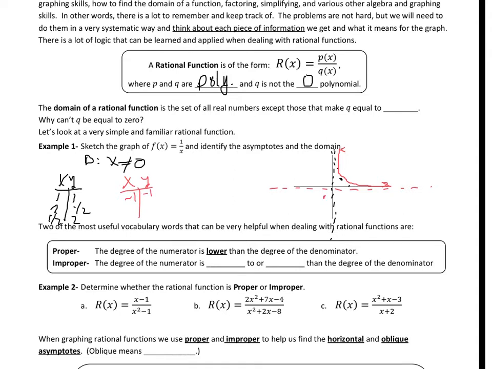If x is -2, what's y? -1/2. Notice we're getting similar stuff. So this one's going to look like this. Well, there's your graph right there. You're going to find with rational functions that they make those kind of shapes a lot, those diagonal looking parabolas, though they're really not parabolas, but anyway.